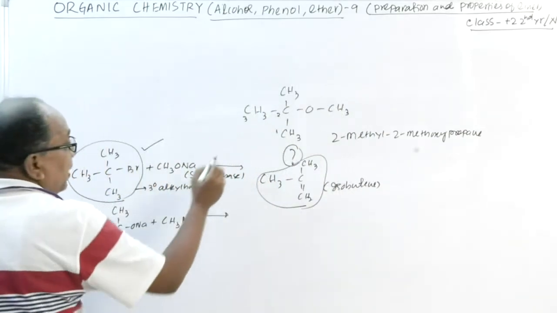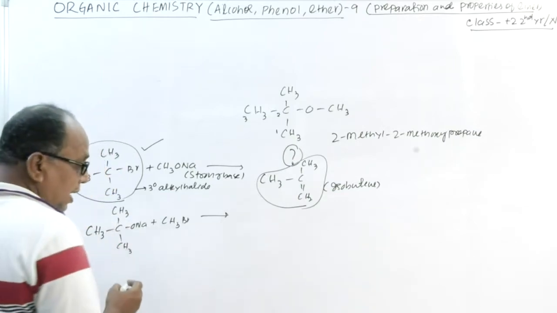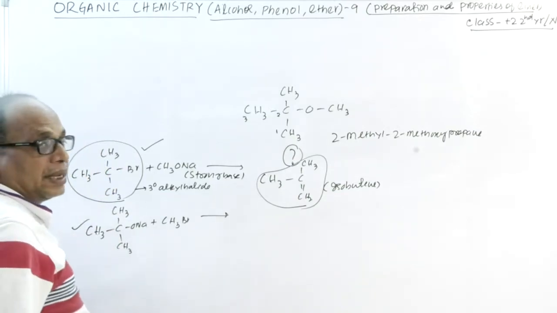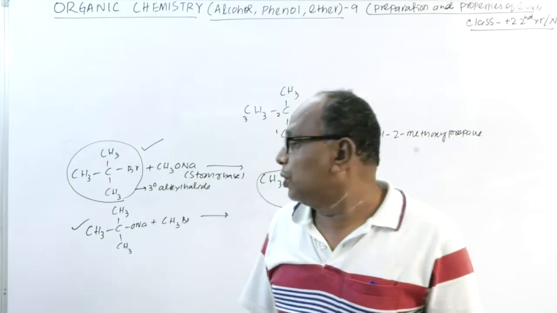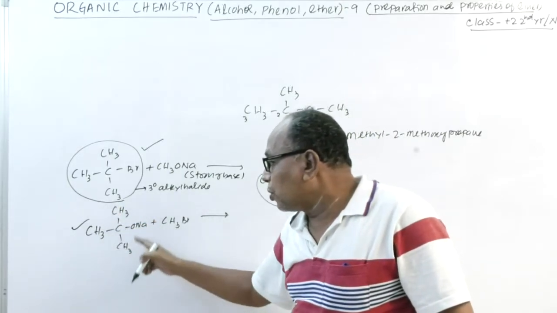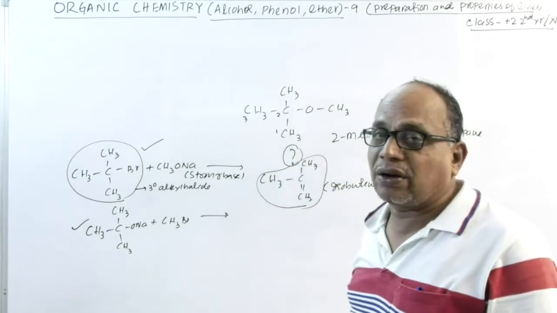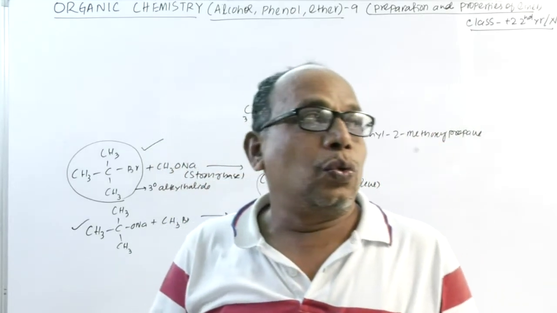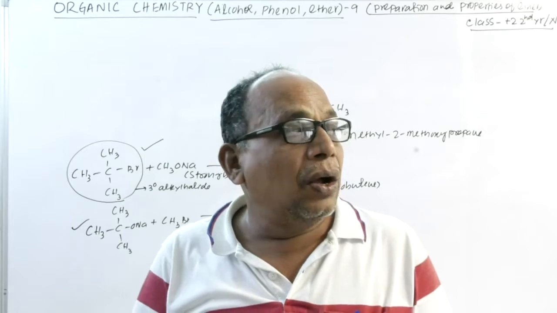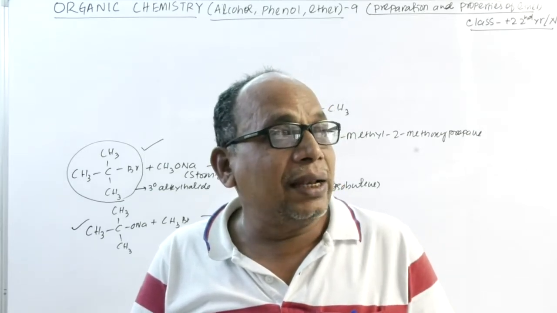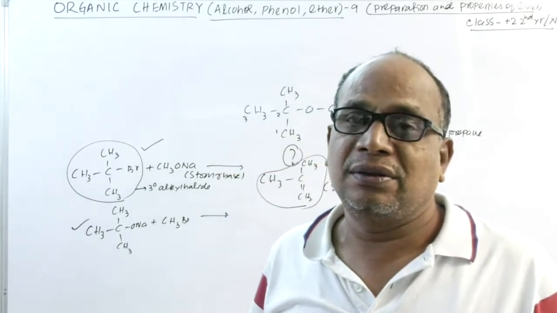And to prepare this compound, the appropriate reagent is sodium tertiary butoxide reacting with methyl bromide. It gives this ether, that is 2-methyl, 2-methoxypropane, or tertiary butyl methyl ether.